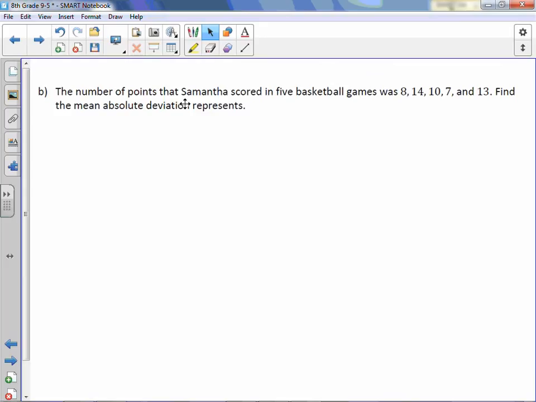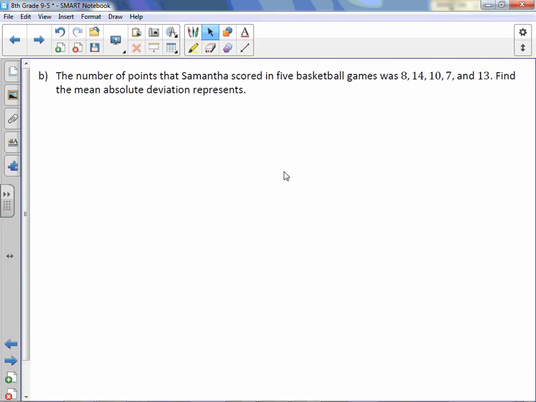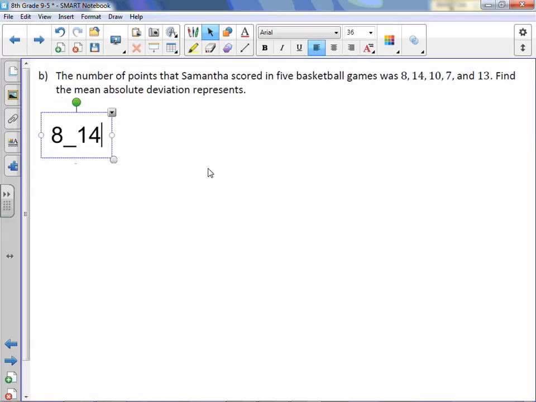Okay, let's do it again. The number of points that Samantha scored in 5 basketball games was 8, 14, 10, 7, and 13. Find the mean absolute deviation and what it represents. Okay, so we've got our numbers. Let's add them together. 8 plus 14 plus 10 plus 7 plus 13.